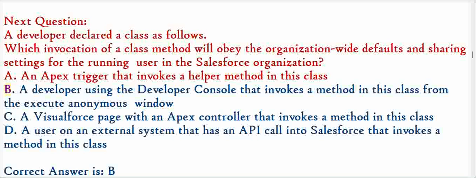B. A developer using the developer console that invokes a method in this class from the execute anonymous window. C. A Visualforce page with an Apex controller that invokes a method in this class. D. A user on an external system that has an API call into Salesforce that invokes a method in this class. Correct answer is B.